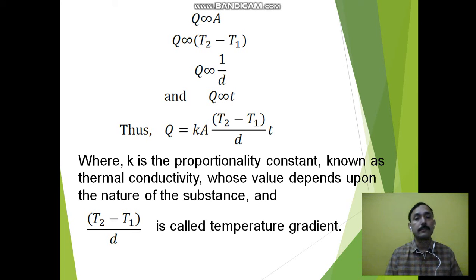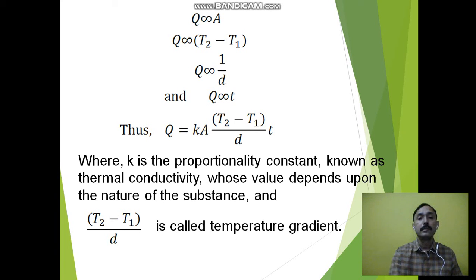Thus we can write Q is equal to K A (T2 minus T1) by D into t, where K is the proportionality constant, known as thermal conductivity, whose value depends upon the nature of the substance.